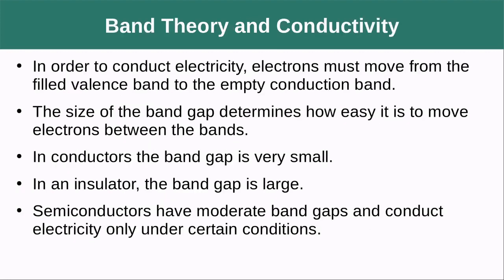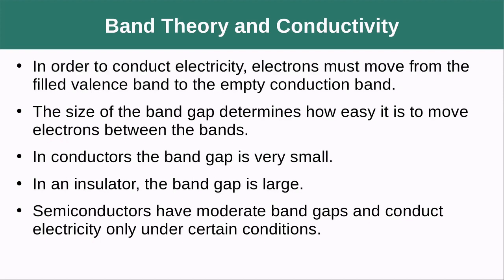In order to conduct electricity, electrons must move from the filled valence band to the empty conduction band. The size of the band gap determines how easy it is to move electrons between the bands. In conductors, the band gap is very small. In an insulator, the band gap is large.